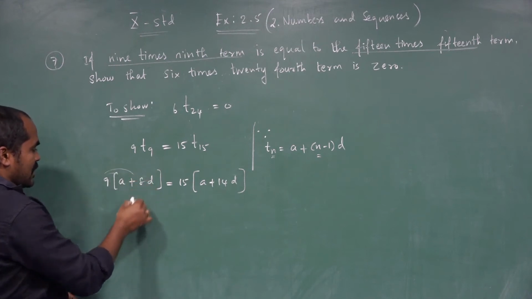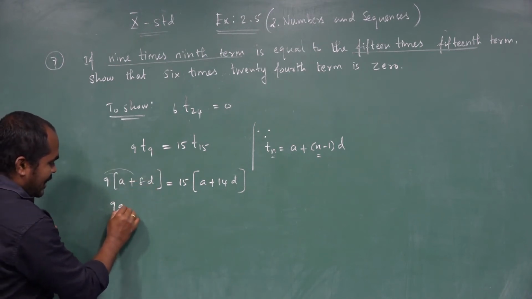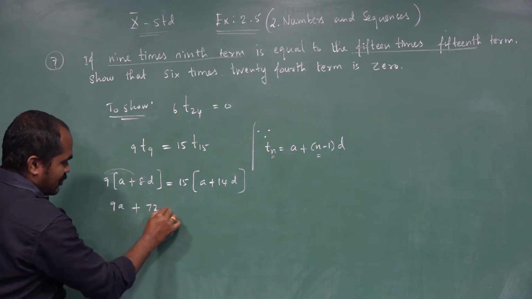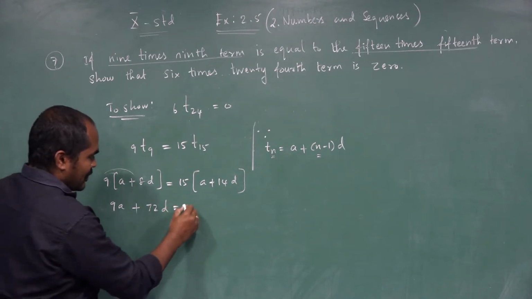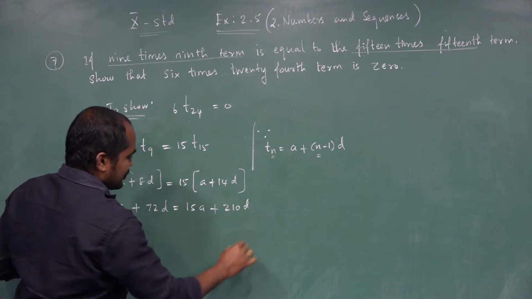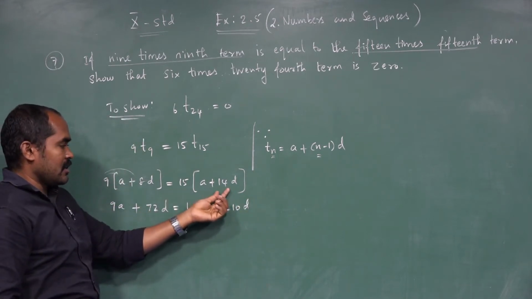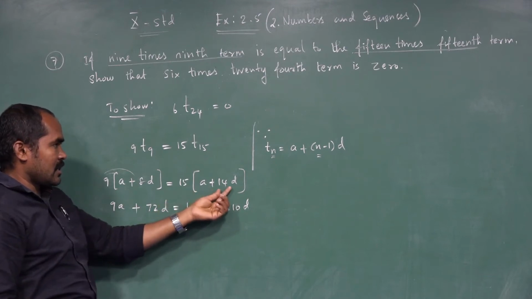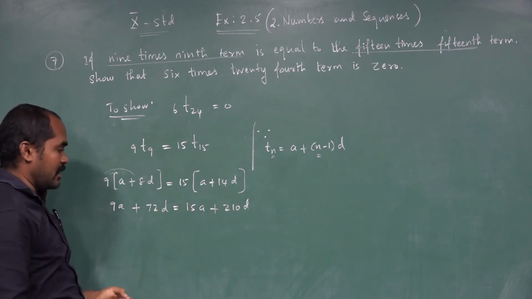Multiplying 9 to each term, we get 9a plus 72d equal to 15a plus 210d. 15 into 10 is 150, 15 fours are 60, that is 210d.